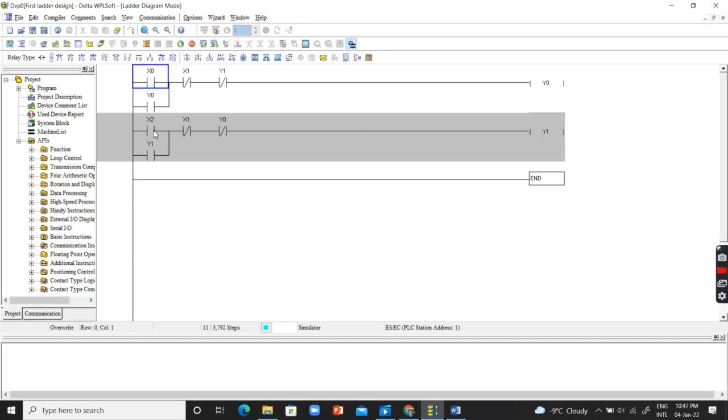The respective push buttons are X0 and X2. If I press X0, I'm trying to rotate it clockwise, and X2 is anti-clockwise, right? So we will do the same analysis.